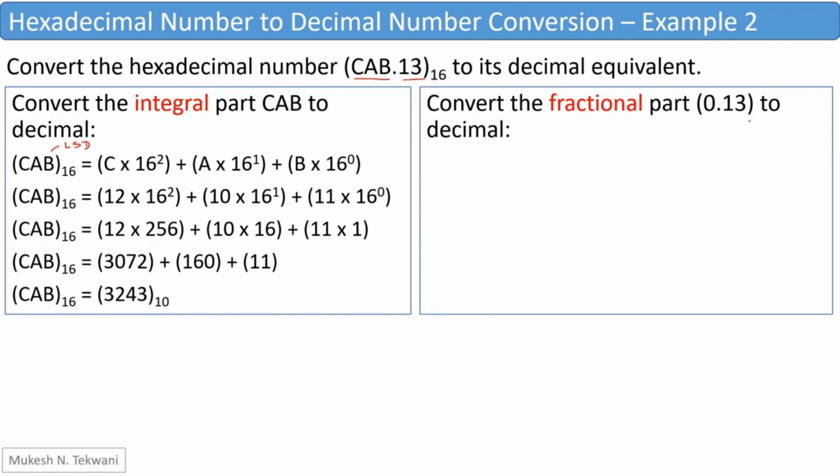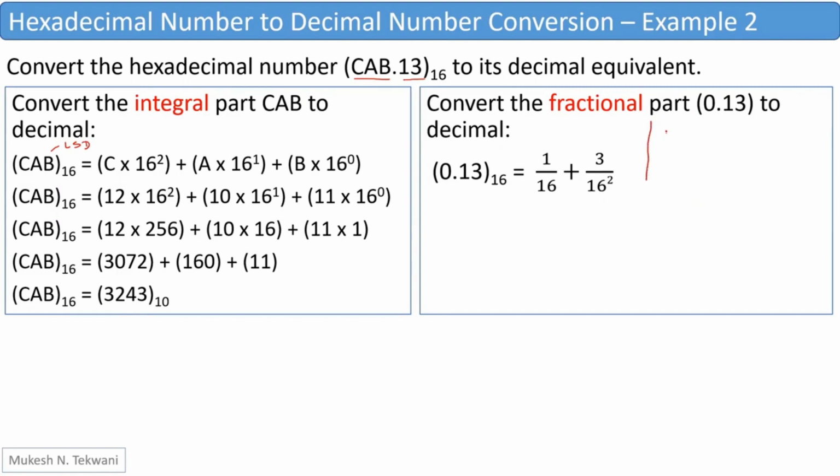Now let us come to the fractional part, which is 0.13. This is again in hexadecimal, so we will convert this into decimal. Now 0.13 can be written as 1 upon 16 plus 3 upon 16 square. Now the logic for this is similar to what we do for the decimal number system.